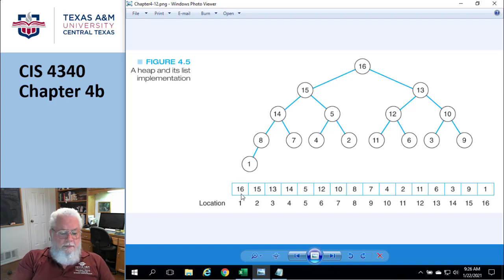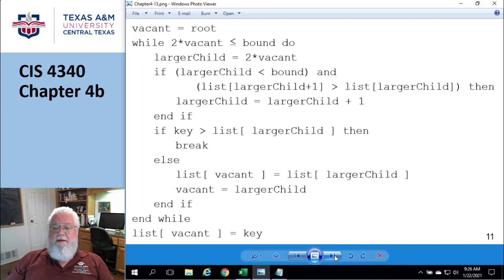So the algorithm to do this is not that complex. There's a couple of math errors, so to speak, right in here. So make sure you're looking at the version in supplemental materials when it comes time to implement this. Just saying. Okay. So what we don't have here is what's called a heap fix. This is just the one that puts it in there.